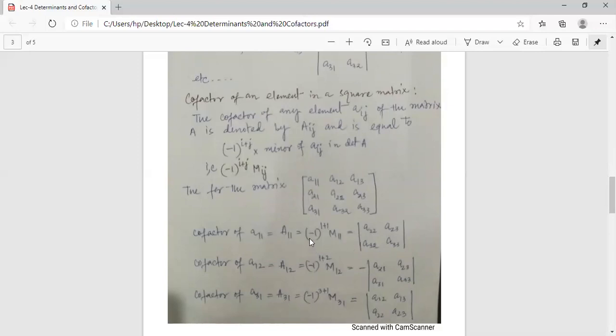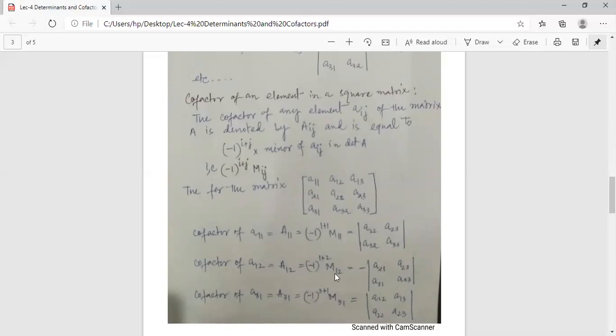If we are asked to find the cofactor of A12, it will be capital A12 and its value will be minus 1 to the power i plus j. Here i is 1, j is 2, so 1 plus 2, times the minor of A12, that is capital M12. Since 1 plus 2 is odd, it will have a negative sign.